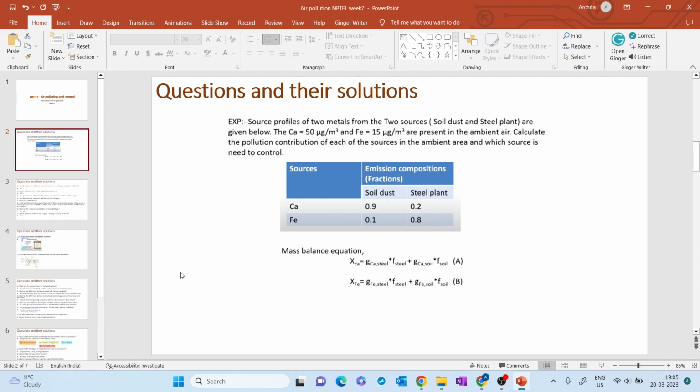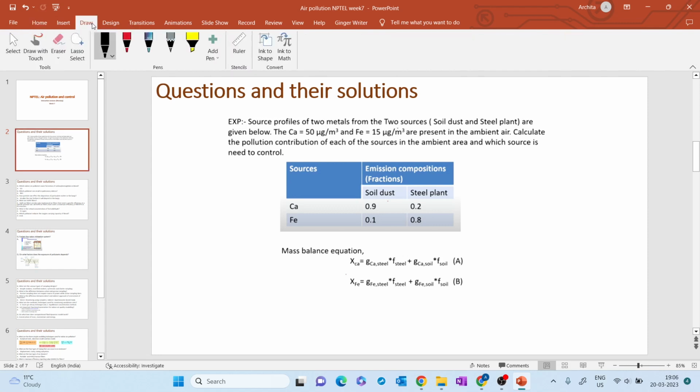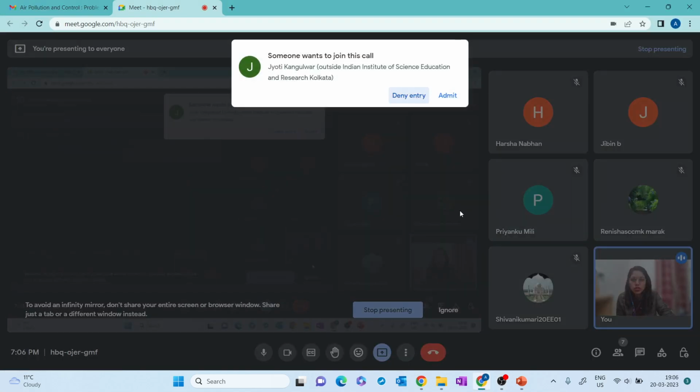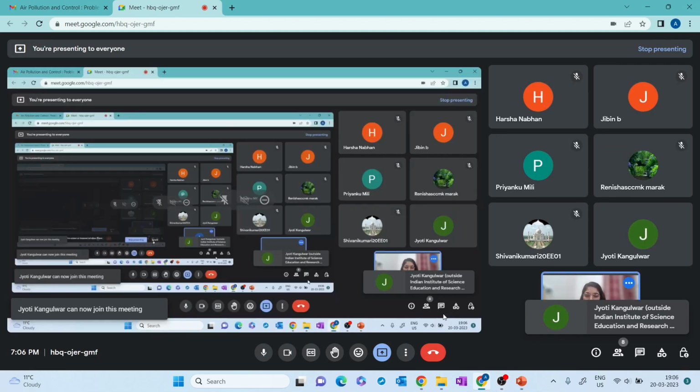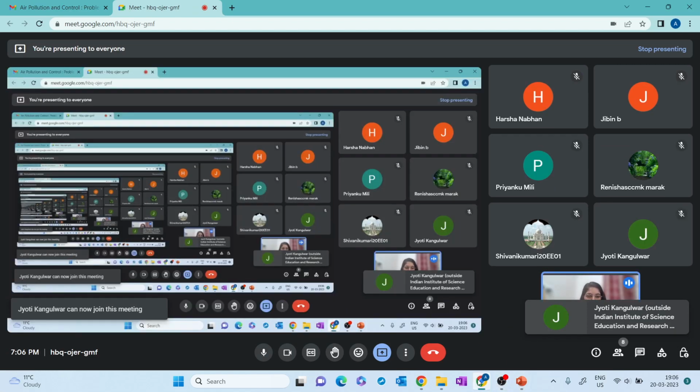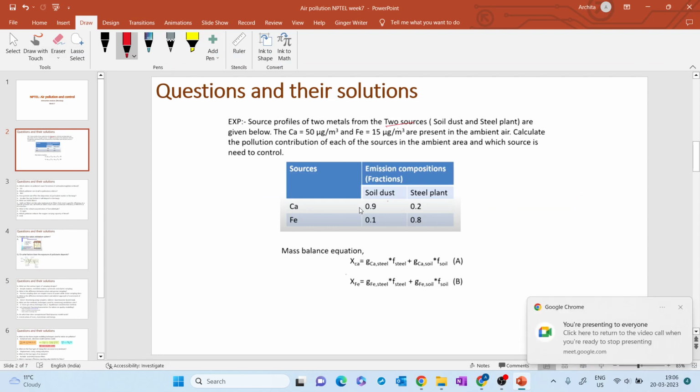So this question was doubt in the last week's class. So here, what was given is that two different sources are given. Okay, so two sources are given: soil and steel plant, and we need to understand the effect of these two metals, which is calcium and iron.